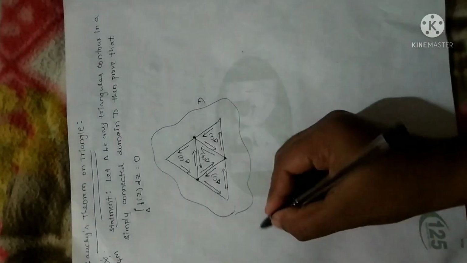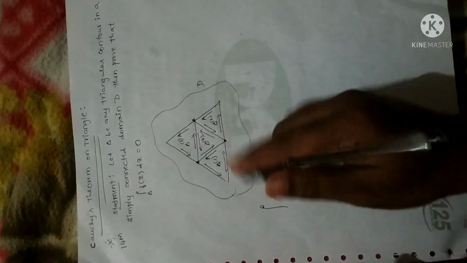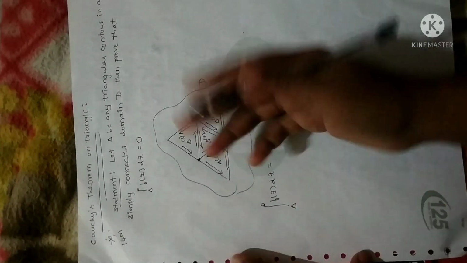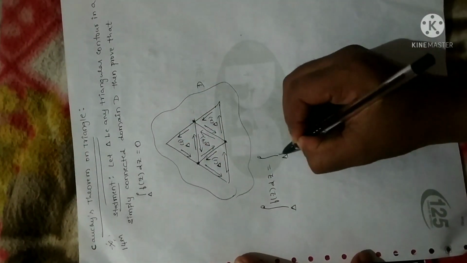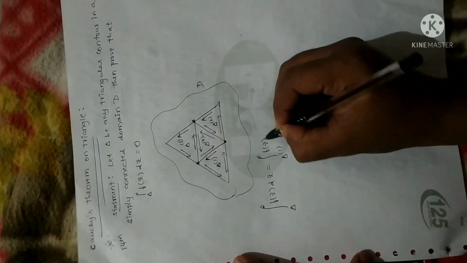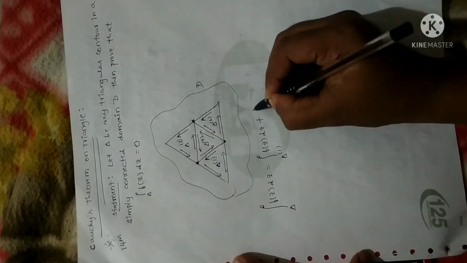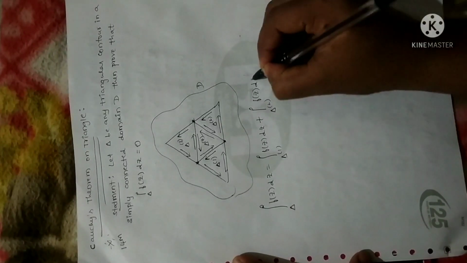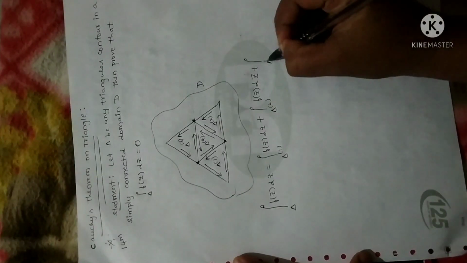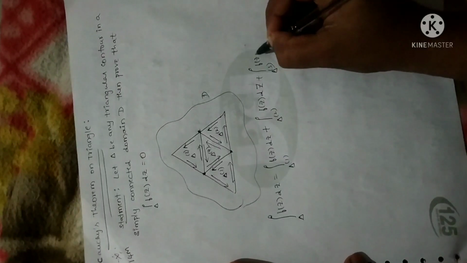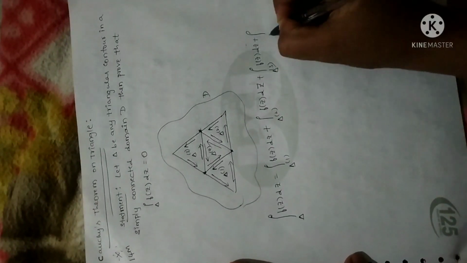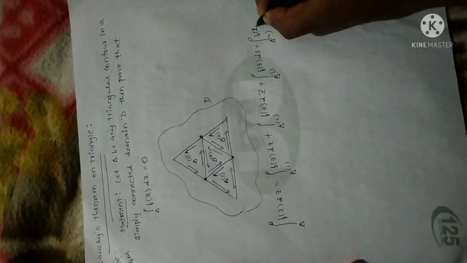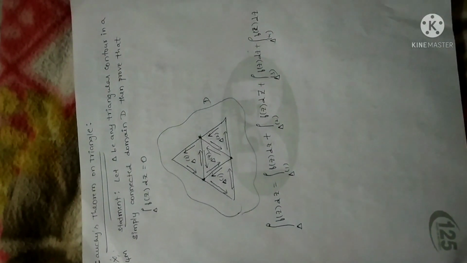The meaning is that I can split the integral of f of z dz over the given triangular region into 4 parts. That is, along triangle 1 f of z dz plus along triangle 2 f of z dz plus along triangle 3 f of z dz plus along triangle 4 f of z dz.